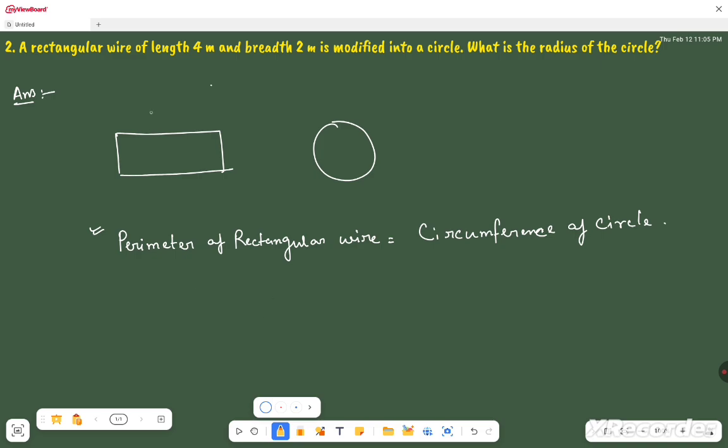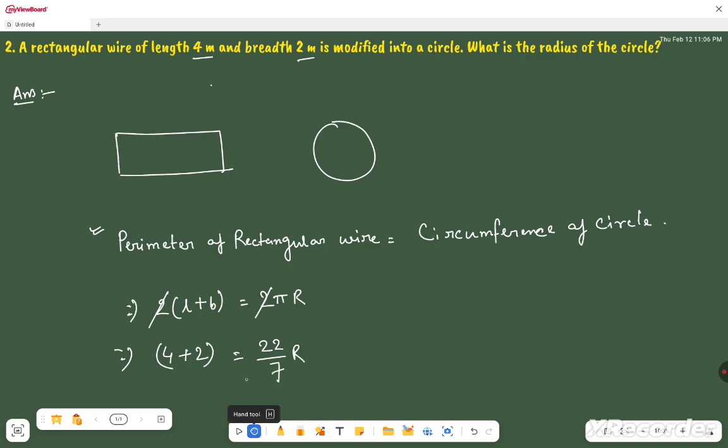So here in this question, we have the length of the rectangle and the breadth of the rectangle. Now we know the formula of the perimeter of the rectangle. It is 2 into length plus breadth, and this is equal to 2 pi r, where r is the radius of the circle. So 2 and this 2 will get cancelled out. Length is 4 meter and breadth is 2 meter, and this is equal to 22 by 7 into r.